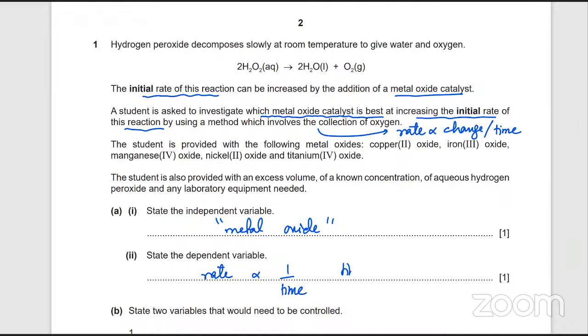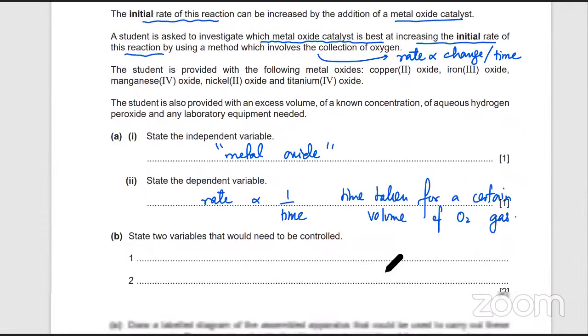So time taken for a certain volume of oxygen gas. Yeah, that's your dependent variable.